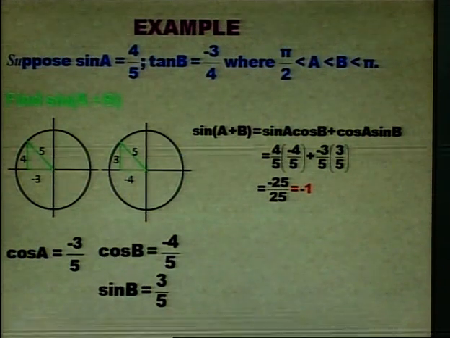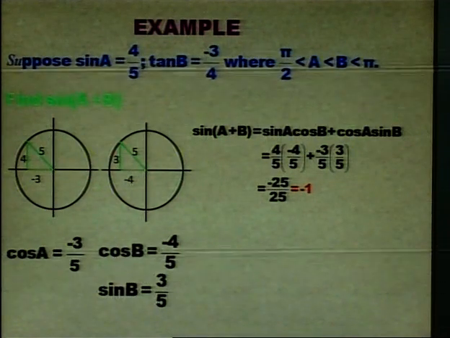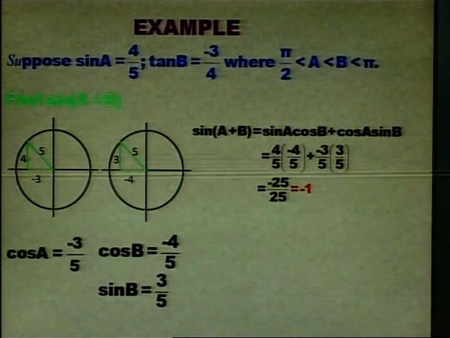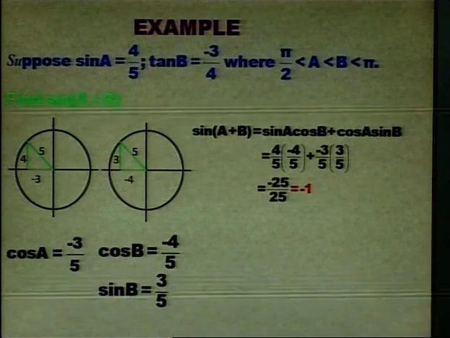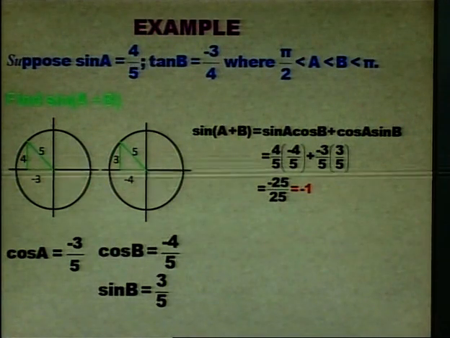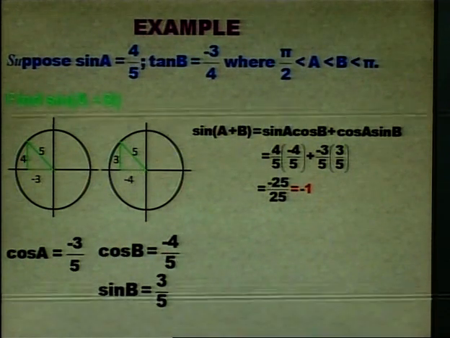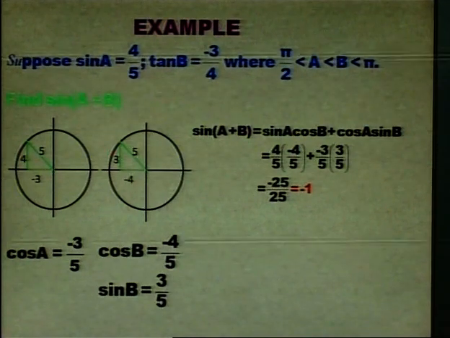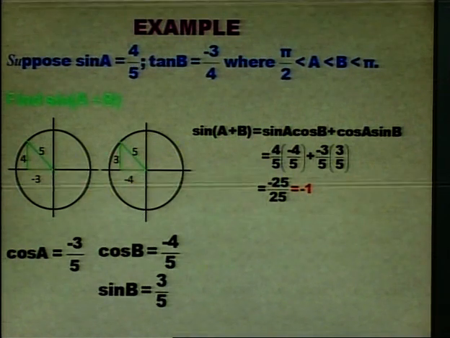So, you can see from the figure also, I have made the figure, and simply using the Pythagorean rule, I have found out the value of cos A, and then tan B is given.